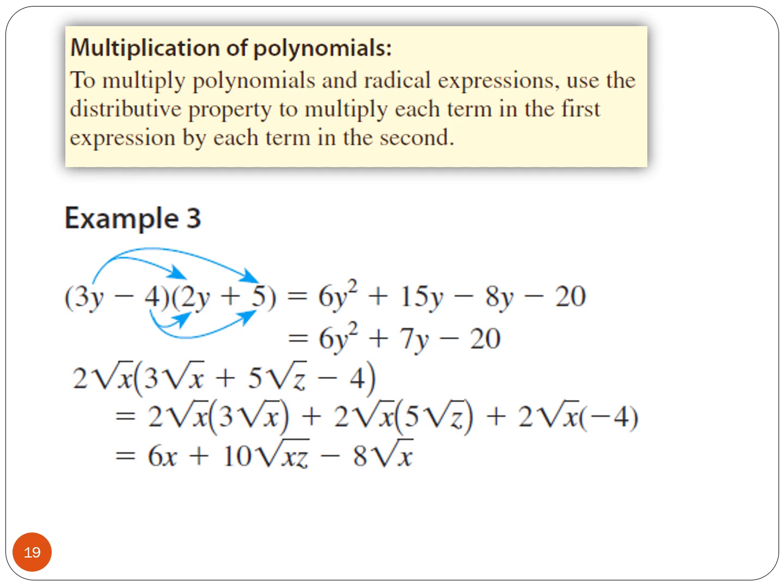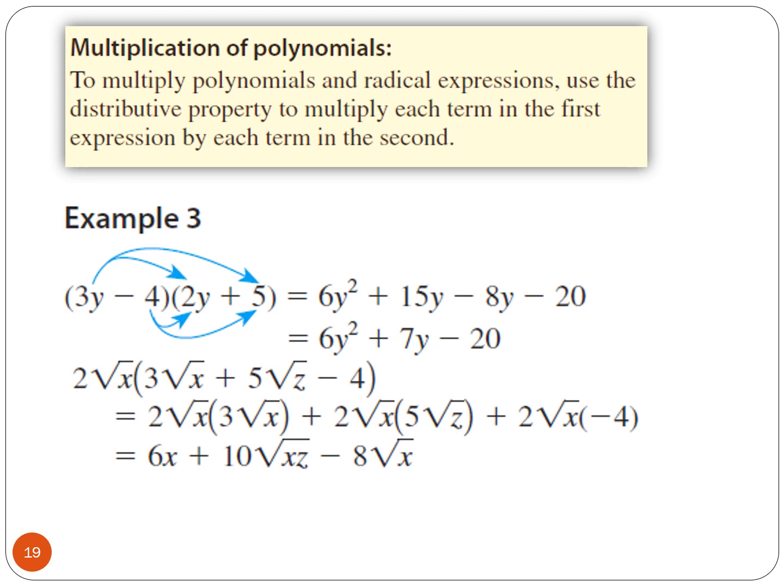The way to do this is you multiply the outside term by each term inside the bracket. Multiply it by the first term, then also multiply it by the second term, and multiply it by the third term. The first multiplication, 2 times the square root of x times 3 square root of x.